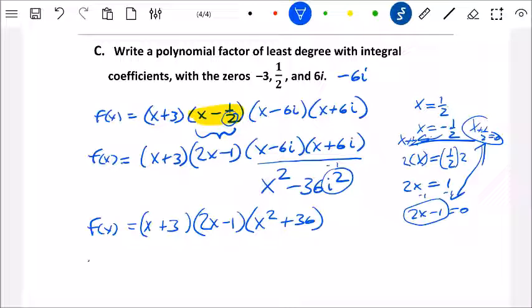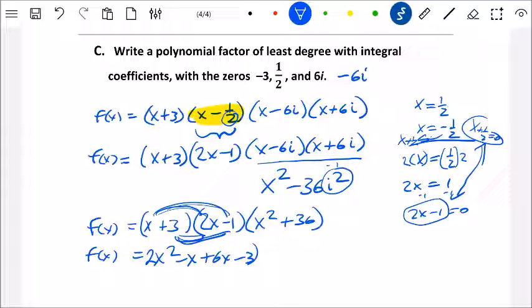Now let's multiply out some more. Now I'm going to do these. I'm going to get x squared. Oh, it's 2x squared. Okay. Minus 1x plus 6x. I think that's a lot, so I just did this one, 2x squared. Then I do minus x. Here I do plus 6x.